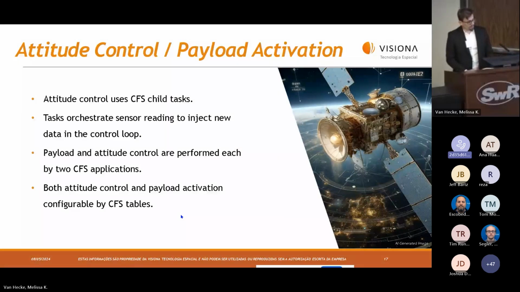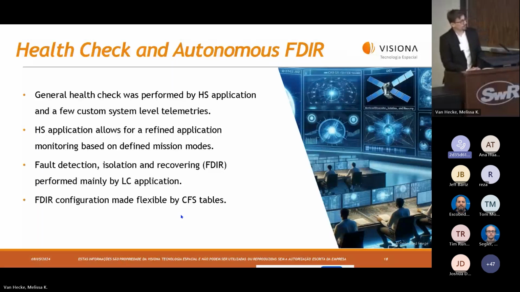Talking about health check and autonomous fault detection, isolation and recovery, we have this out of the box in the cFS because it already has some powerful features, and we can just modify and customize it to our needs in our mission. For example, when you talk about the general health check, we chose the HS, health and safety application, to be the main application to ensure the status, the mission mode, CPU monitor, memory, etc., is being covered.